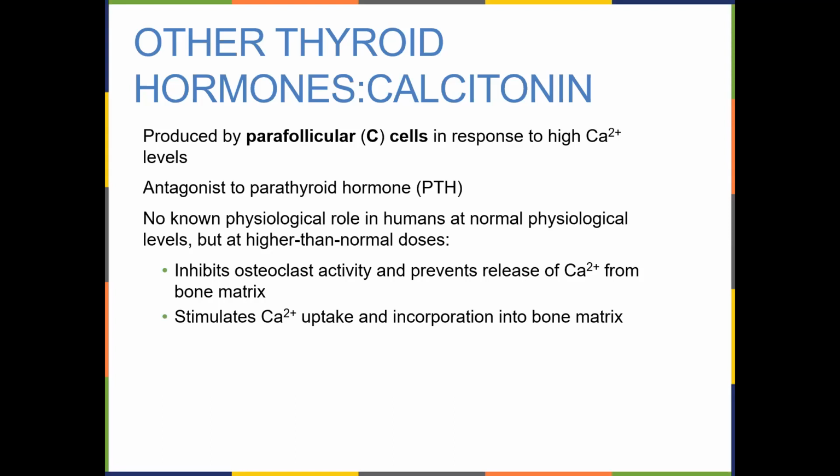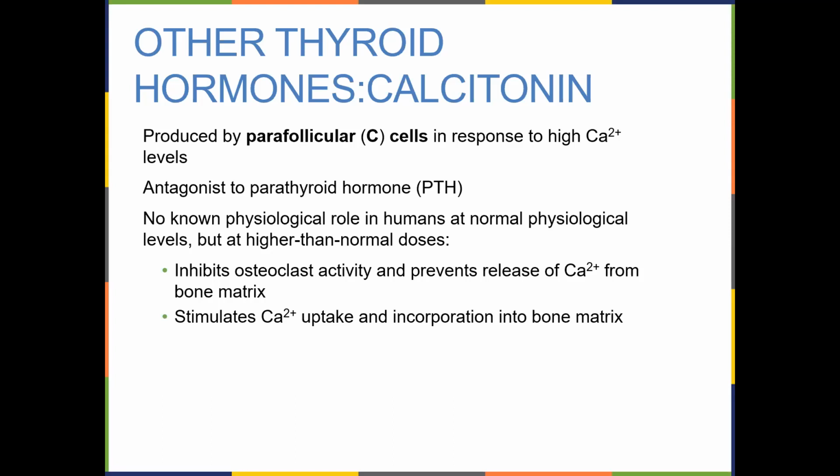So it tends to stimulate osteoblast activity, bone building. It's supposed to inhibit the osteoclast activity. Remember, osteoclasts are the bone breakers. They destroy. They're like lysosomes. They dissolve bone and release calcium, and the osteoblasts build bone. You know, they're the bone builders. Well, calcitonin is supposed to stimulate osteoblast activity and inhibit osteoclast.